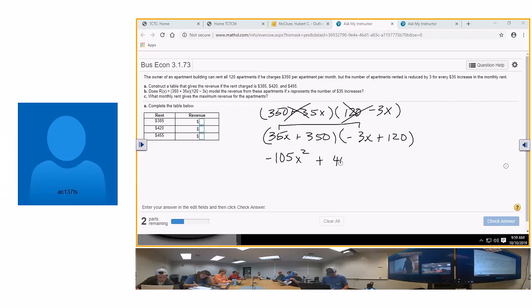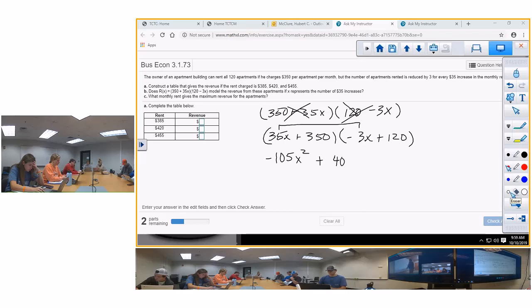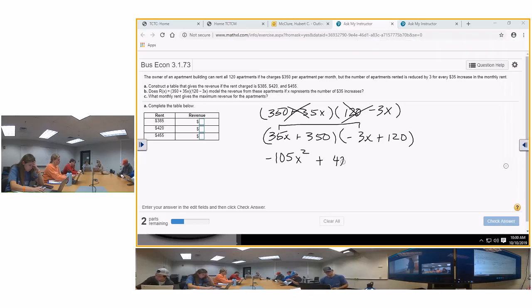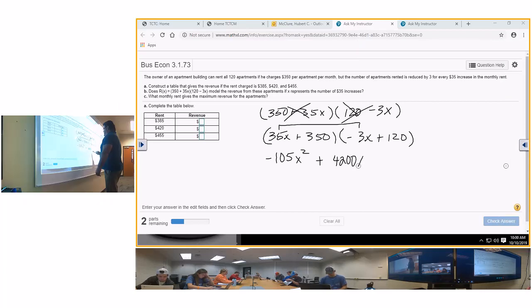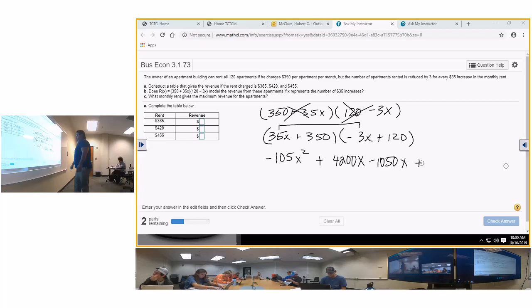So 4,200x, and then minus 1050 x, and then plus 350 times 120. What do you get?